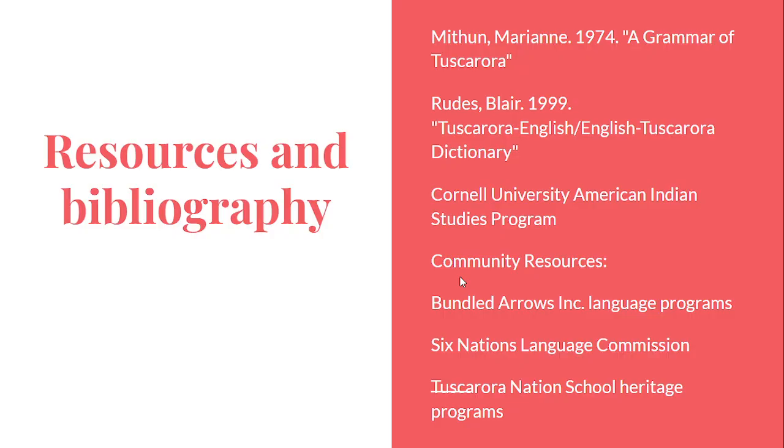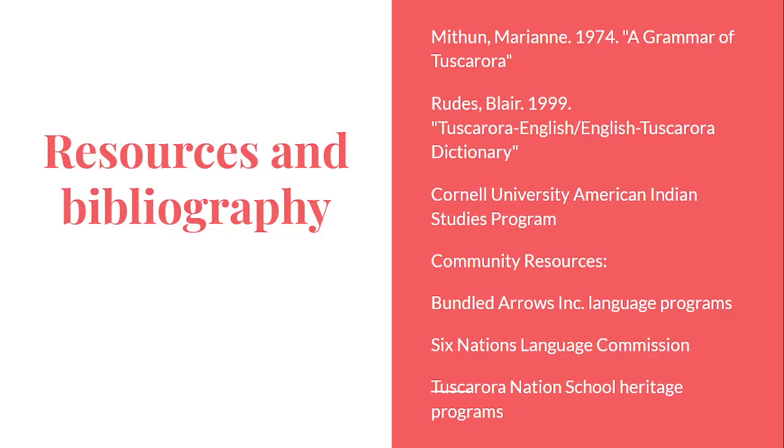All right, and that's it. That's essentially it. So if you're really interested in this language, you can check out Mithun's grammar. I've been quoting 1975 in here, but it was written in 1974. So you can look that up, and you can also look up Blair Rudes's 1999 Tuscarora-English, English-Tuscarora Dictionary, which is available on the Internet Archive site.